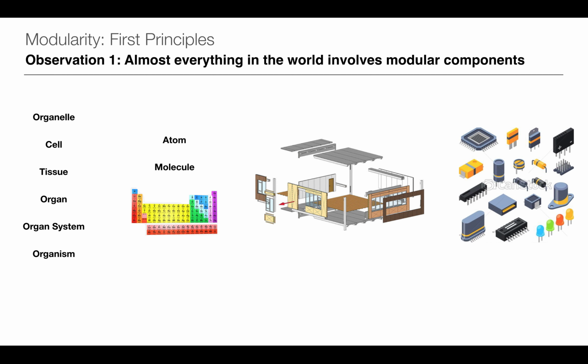And of course, modularity isn't limited to the physical world. It's observed in biology and in chemistry. Atoms assemble into molecules and into the elements of the periodic table. Organelles form into cells, which form into tissues and then organs and organ systems. It really is a fundamental organizing principle of biological life.